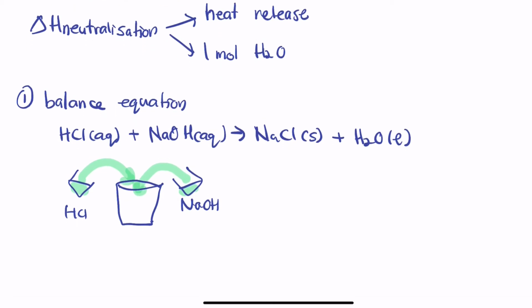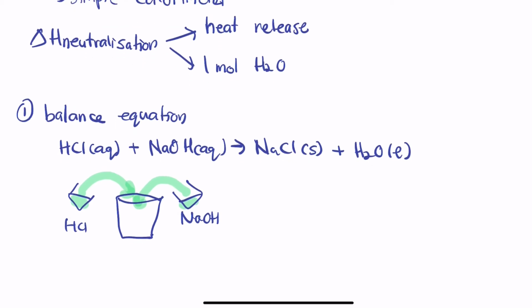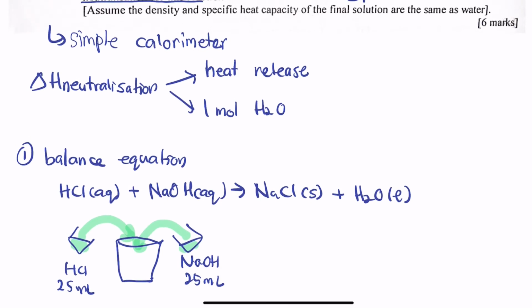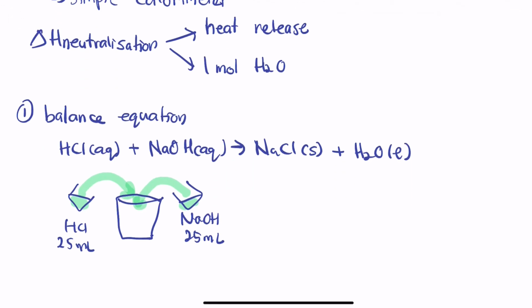Your HCl is 25 ml and sodium hydroxide also 25 ml, given from the question. As we assume that the density is equal to water, this will be 25 gram and 25 gram. And the molarity from the question is 1 molar and 1 molar.